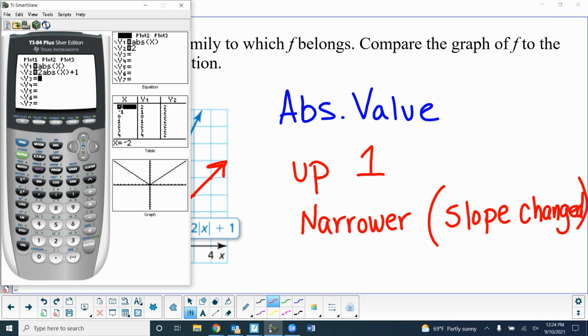Hit enter, and then hit graph, and you'll see both of them. There's the second one. So you can use your calculator to help you look at these graphs. Questions? If you don't have one yet, you need to get one. All right? If not, you got to do your own XY table and fill everything in.